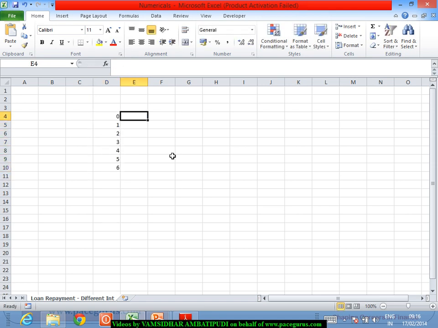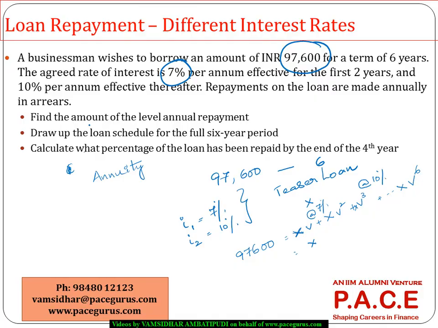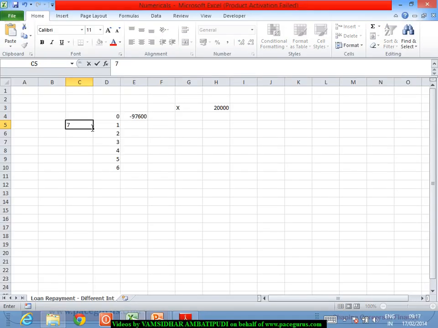In the 0th year I have taken 97,600, and from this, let me assume that X is equal to some number. So let me take some 20,000 to start with. So the interest rates for each of these 6 years, the first year it is 7%, the next year is also 7%, and from here onwards the interest rates are going to be 10% for the next 4 years.